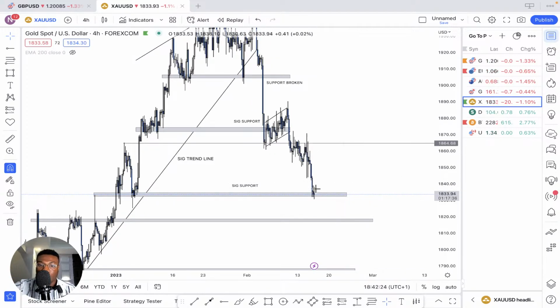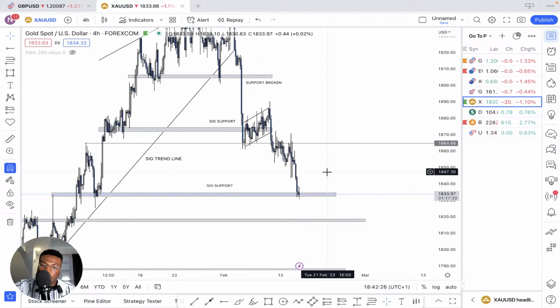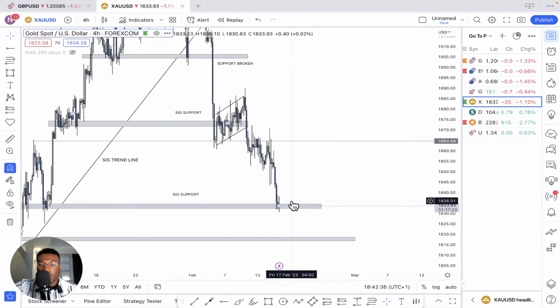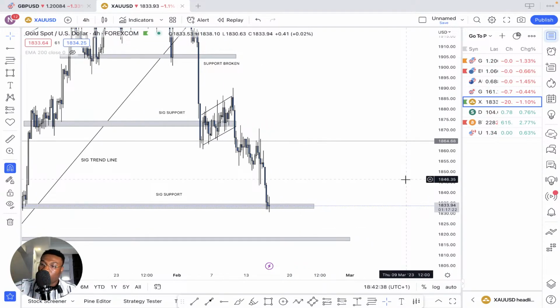Gold could also show some bullish signs here, and this is actually a good level to hop on buy trades on gold when you see the bullish momentum start to appear in candlesticks, engulfing candlesticks. So you see some morning star candlesticks and so forth.